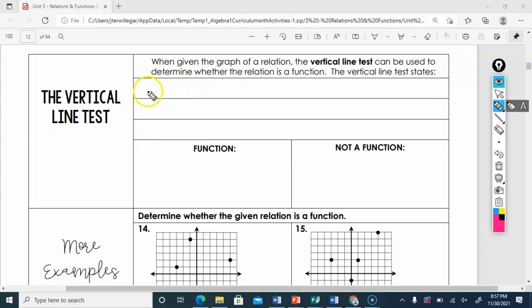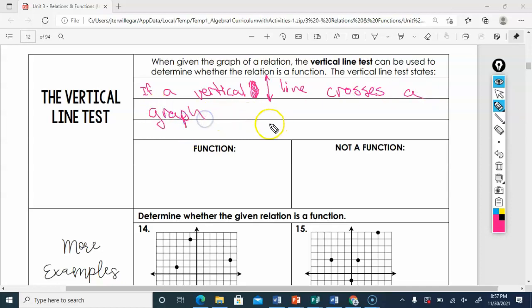The vertical line test states that if a vertical line, so up and down, crosses a graph more than once, then it is not a function.